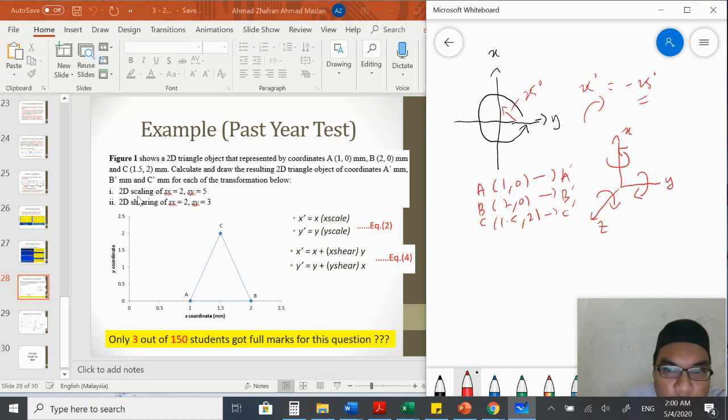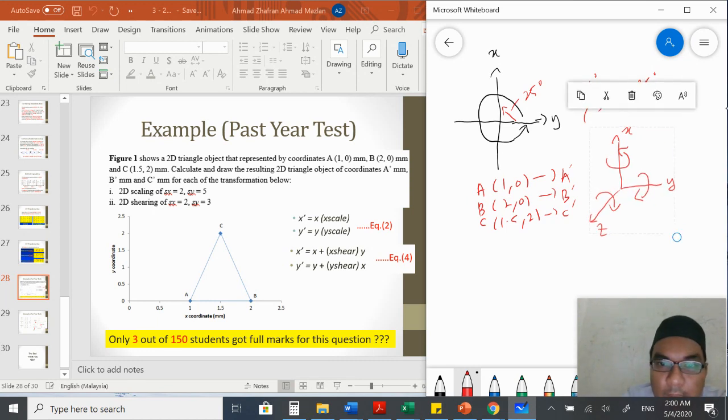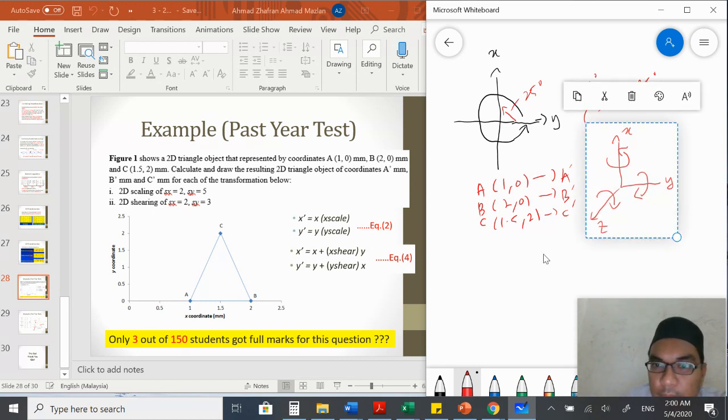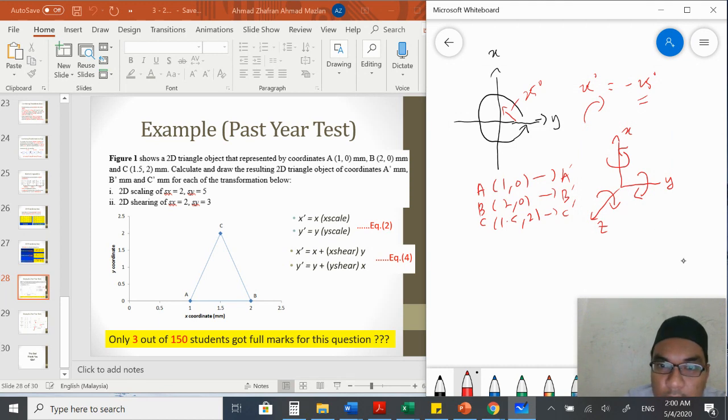So maybe we can take the example of number 1, 2D scaling of sx equal to 2 and sy equal to 5. When you do a scaling, it means that you use this equation number 2. For the x dash, for example, you can directly multiply.